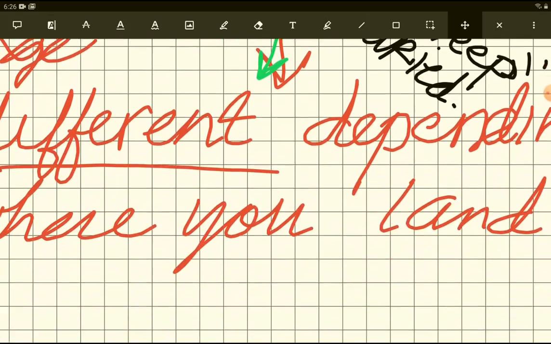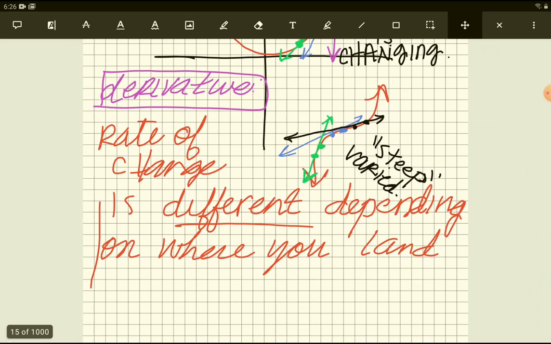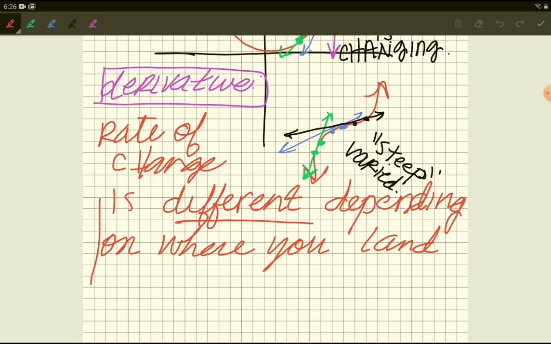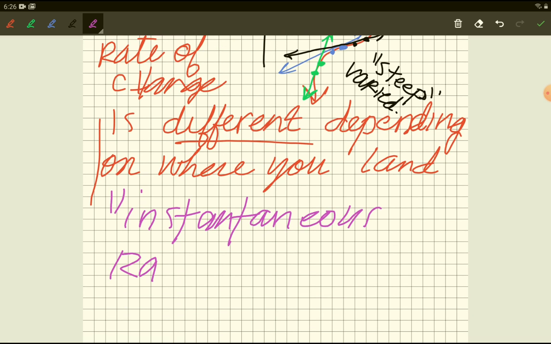So, I'm going to say it again. With curves, with anything that has a curve to it, the rate of change is different depending on where you land on the curve. Okay, so really the technical term is instantaneous rate of change.